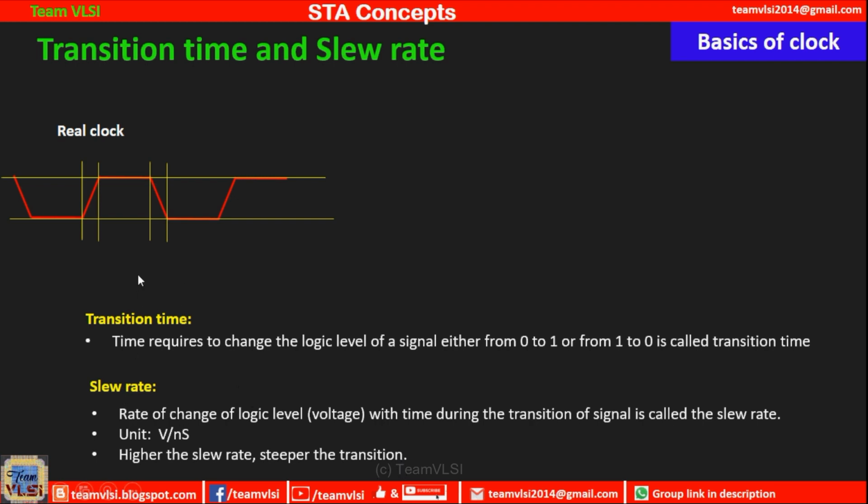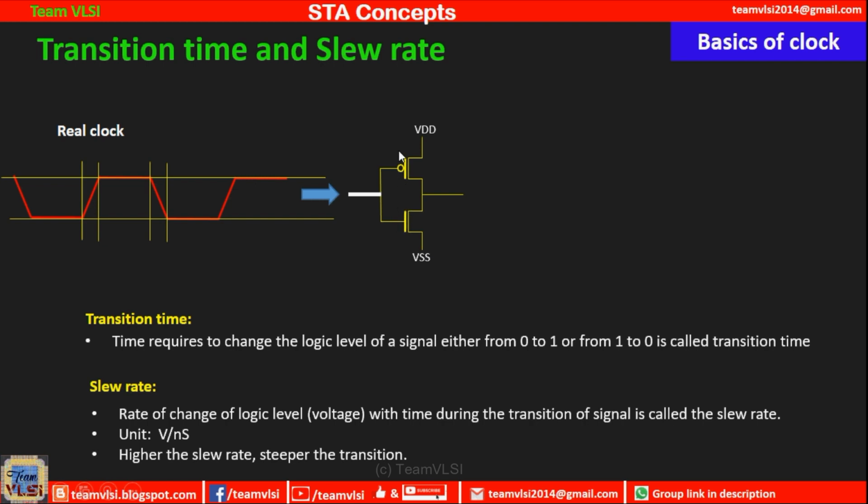Now we can see the impact of transition time on the clock. For example, if we feed this clock to a normal CMOS inverter, what will happen? First of all, in the inverter you have a PMOS here and an NMOS here, and we know that current conduction in the PMOS is due to holes, and in the NMOS is due to electrons.